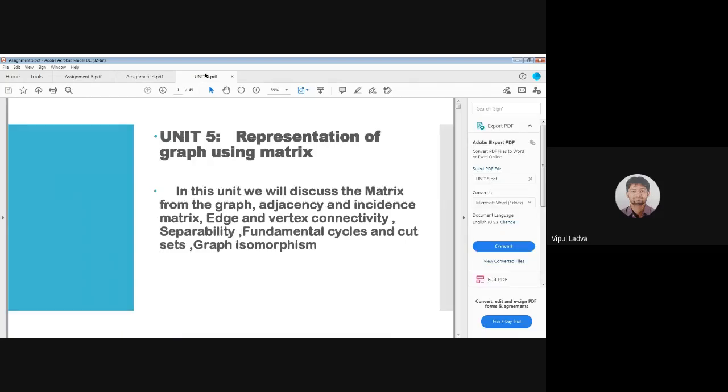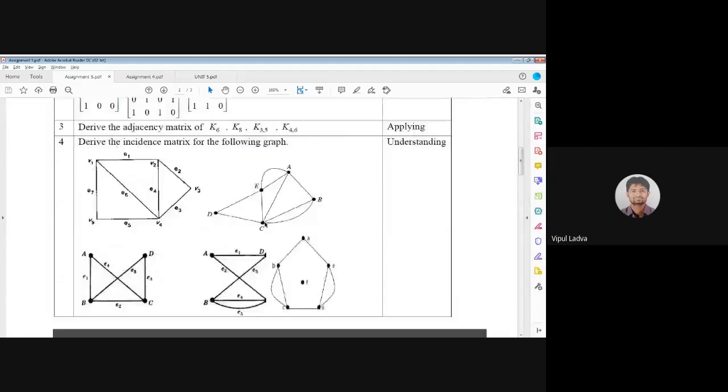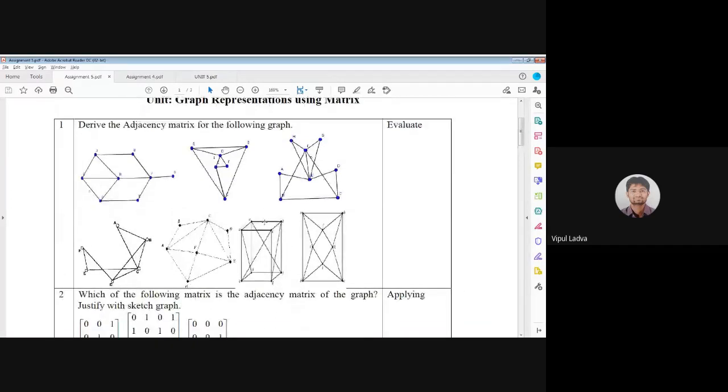Yes sir. Let me go through it. Assignment 5. This is just for your practice. Yes, we are supposed to deal with each and every part. Okay. Making an adjacency matrix is not a big deal. Sir, it's not a big deal, but I feel lazy about writing it. Yes, that is the biggest reason. Okay, you have to make all of them.